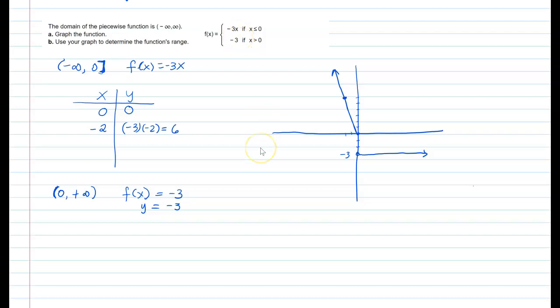Now, what about the range? So you look at the y values. Your y values are just -3, up to, what about here? There's no graph between -3 and 0, right?